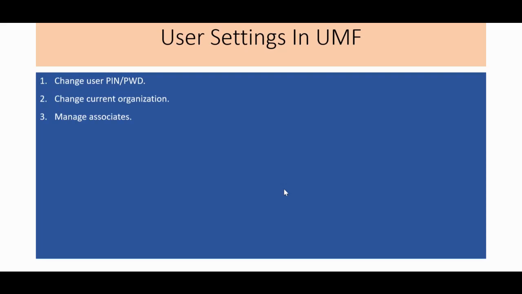In Unified Medical File, as a user, you can change your PIN and your password, and you can change your current organization that you have used in the login if you are permitted to do so by your organization. You can also manage the persons who are associates of yours and who can do your basic actions.